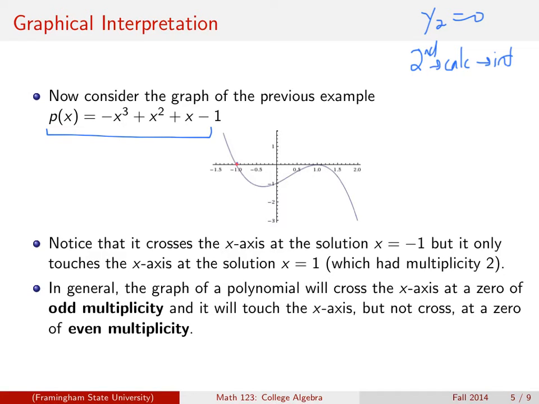But so we had our 0 at -1, and then when we factored everything completely, remember how we said there was a multiplicity of 2 at x equals 1? So notice how it seems as if the graph bounces or just touches the x-axis at x equals 1. That's no surprise, because when we had our multiplicity of 2, which is an even number, we just touch the x-axis.